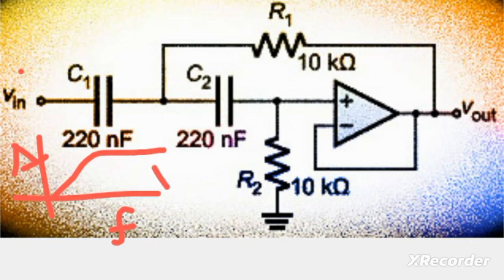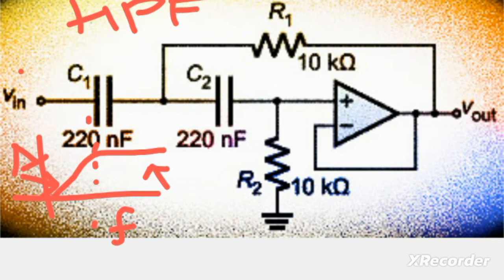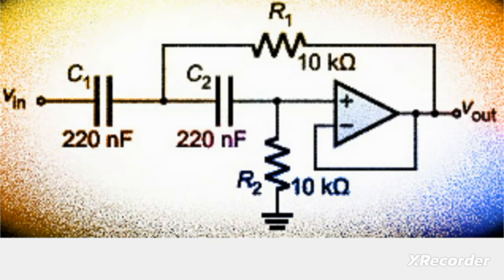This section is when the frequency is very greater than fc, and this section is when the input frequency is very less than fc, and somewhere in the middle you have f equal to fc, where the gain is slightly less than unity. The response, therefore, is that of a high pass filter, and this is a Sallen-Key second order active high pass filter topology.